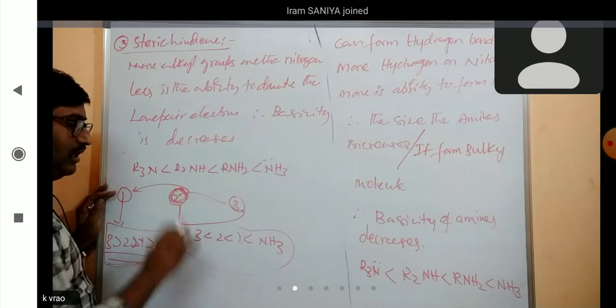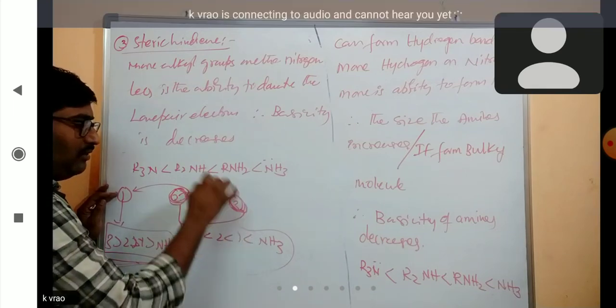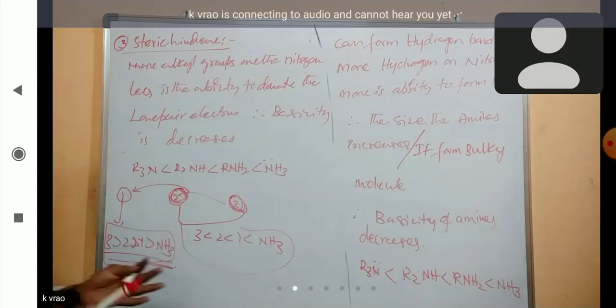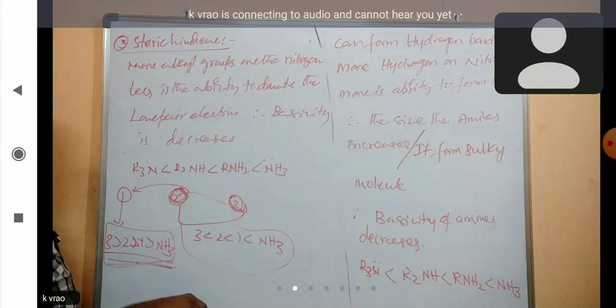So basicity decreases. In the same way, for factor number 3, the more bulky alkyl groups present on the nitrogen, due to steric hindrance the basicity decreases.